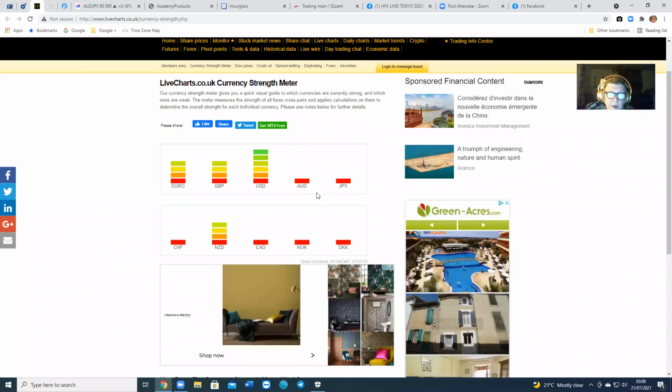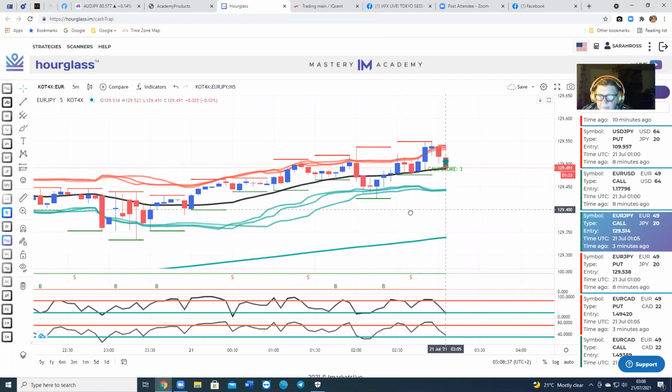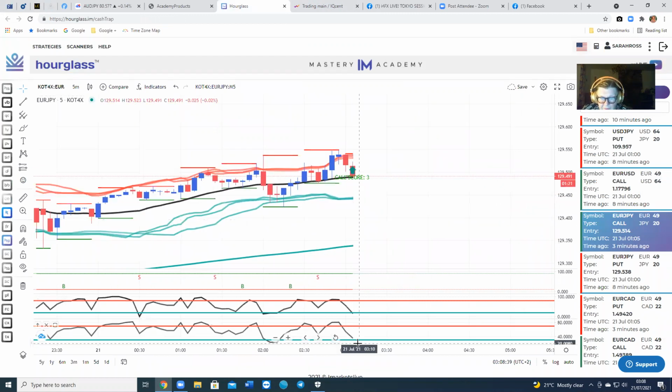Four bars to one. Call score of 2. It was a call at 514. Let's just see if this one comes down a little bit more.